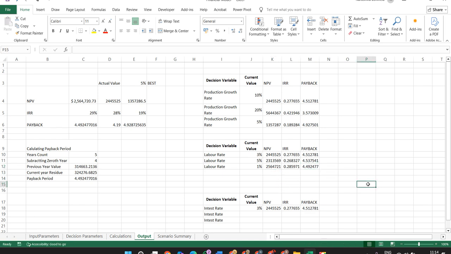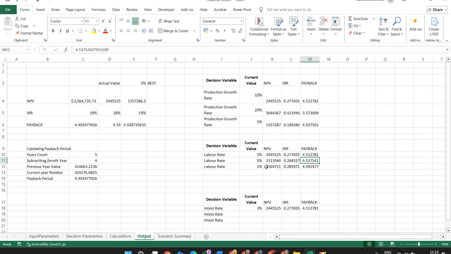So now you have the labor rate related thing. Here, if you check, when the value of labor rate is increased, the NPV decreased and IRR decreased, and payback period increased. Payback period should usually be less. Less is better. So this is also increasing.